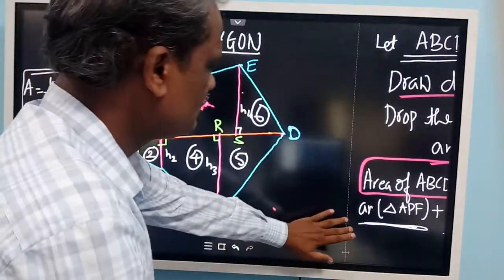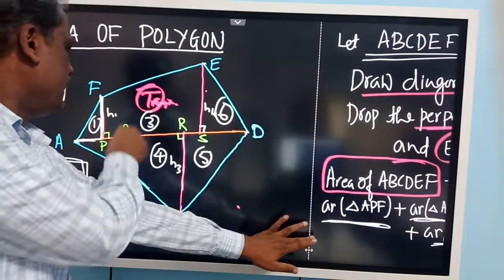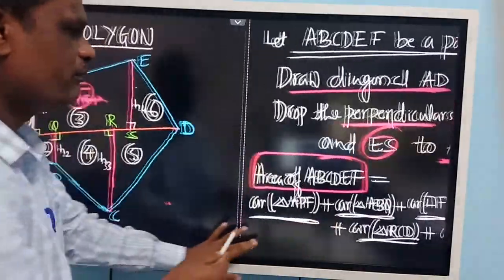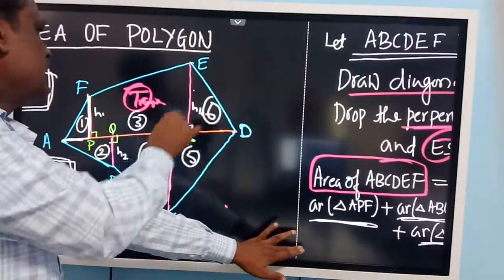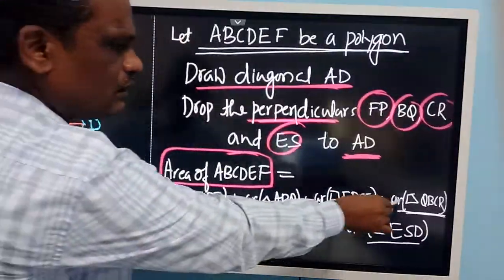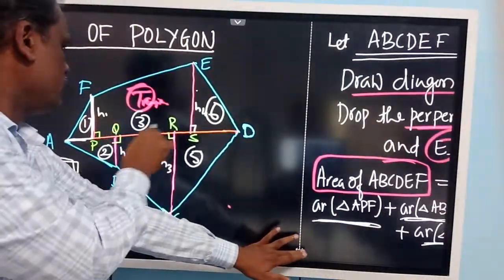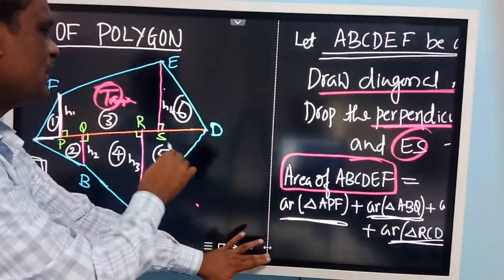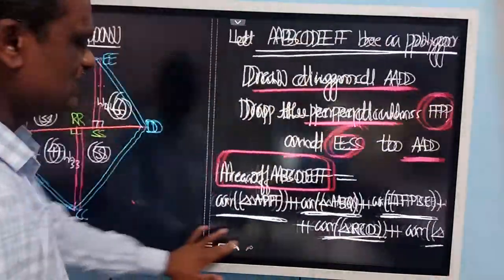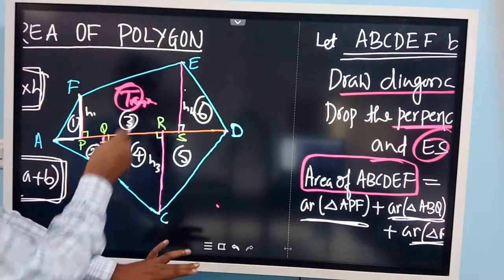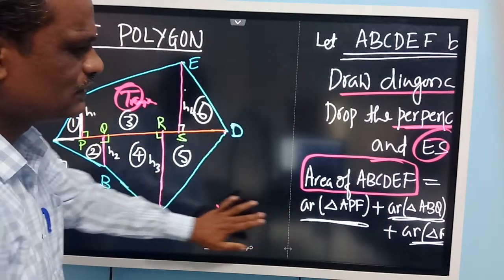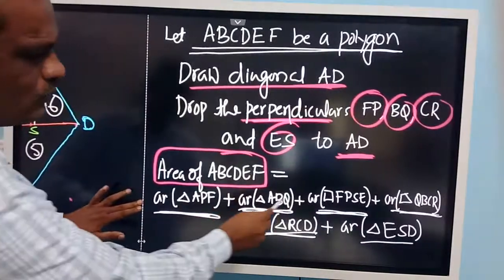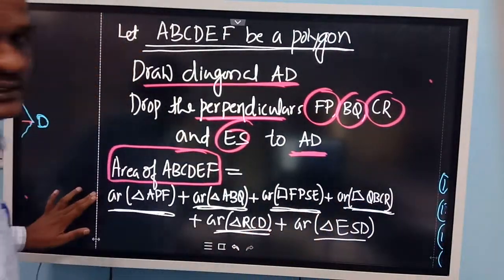Triangle APF, ABQ, second one, trapezium FPSE, then QBCR, this one, then RCD is fifth one, and this sixth one. So this is 1, 2, 3, 4, 5, 6.